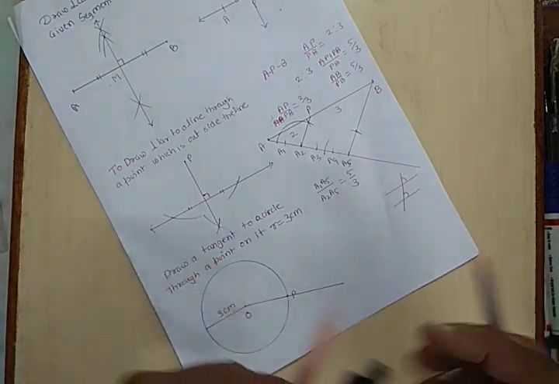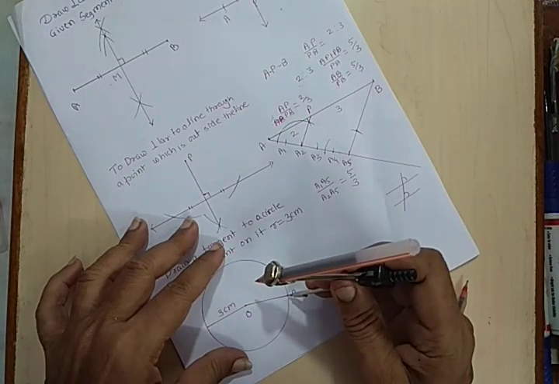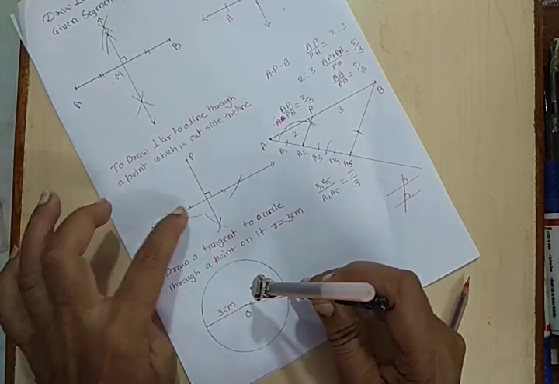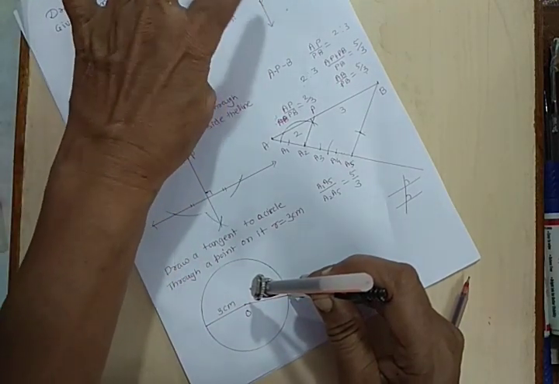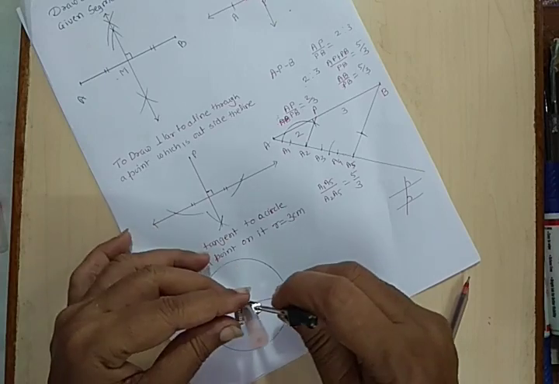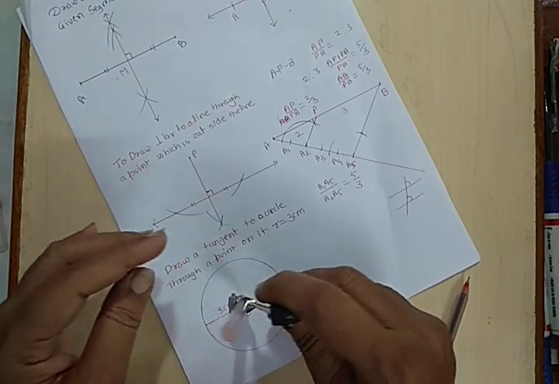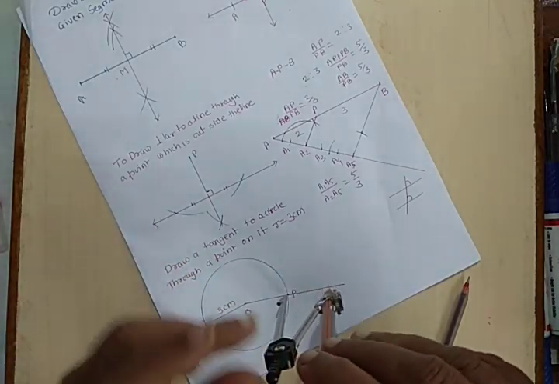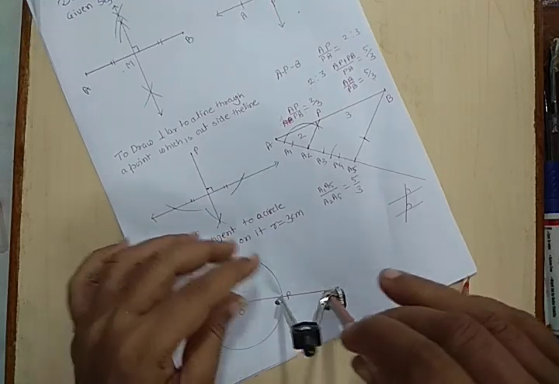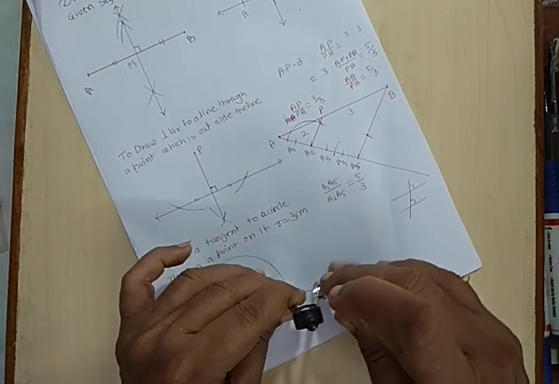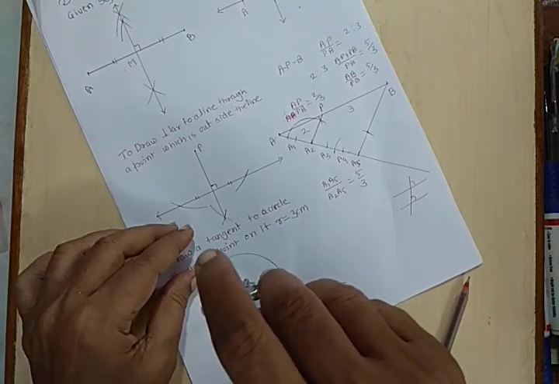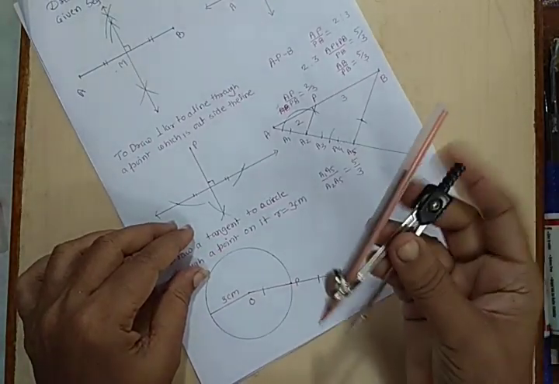Now I will find 2 points which are equidistant from point P. I can take the radius directly, or any other distance also. I will take another distance because every time it is not possible to take the radius.